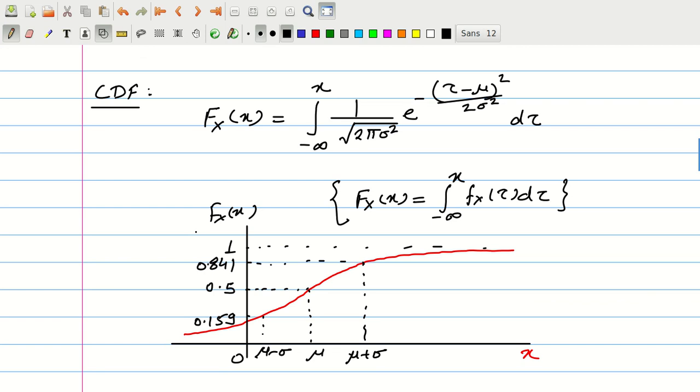Note that the CDF of a Gaussian random variable is continuous, reinforcing that the Gaussian random variable is a continuous random variable.